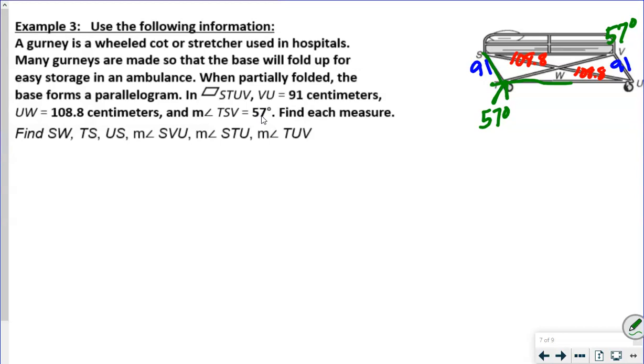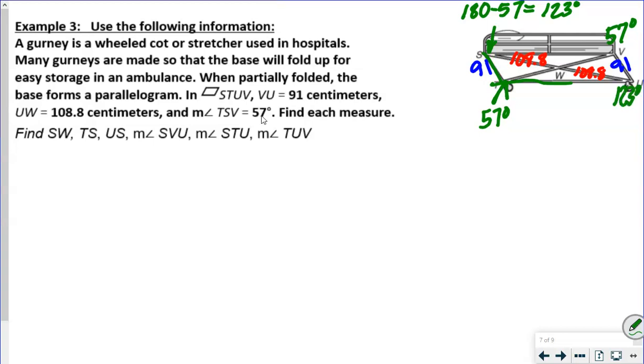Do you guys remember how we would find this angle S right here? How would we find that? Wouldn't we do 180 minus 57? And that's going to give us 123, right? So that angle right there is 123, and this one down here is 123, okay?